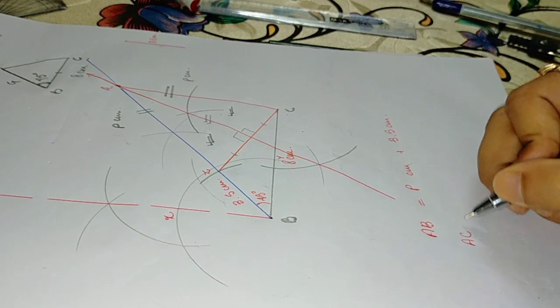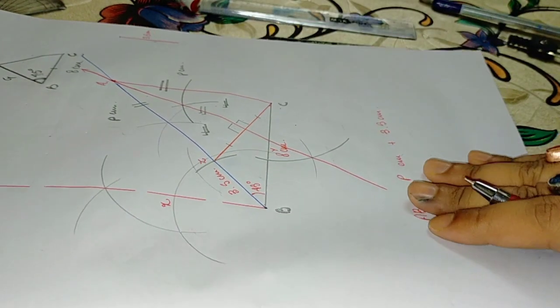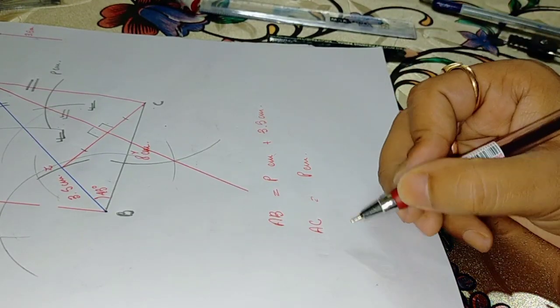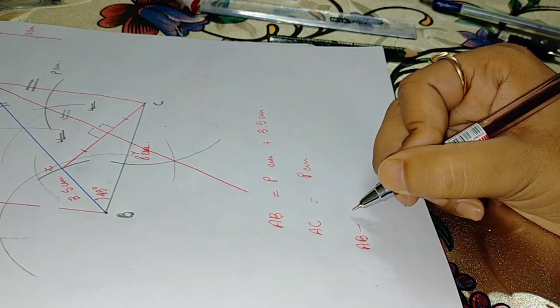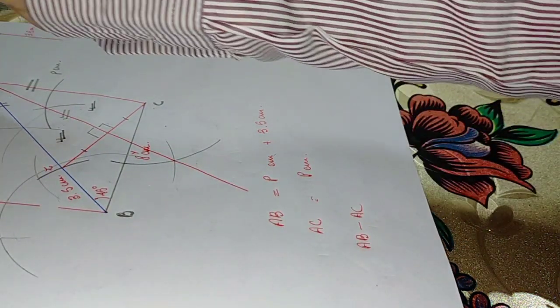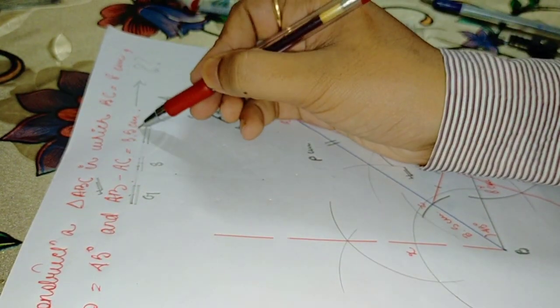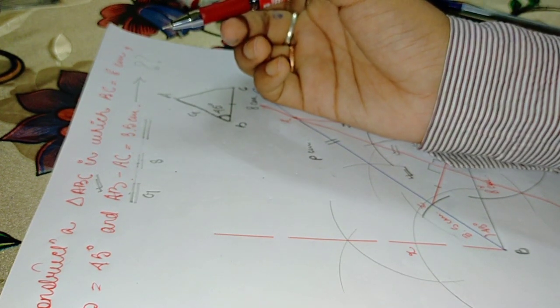And AC is equal to how much? P centimeter. It is given here, isn't it? Now we have to find AB minus AC, right? It is given above in the question. AB minus AC is equal to 3.5 centimeter, and I want to prove that they are equal.